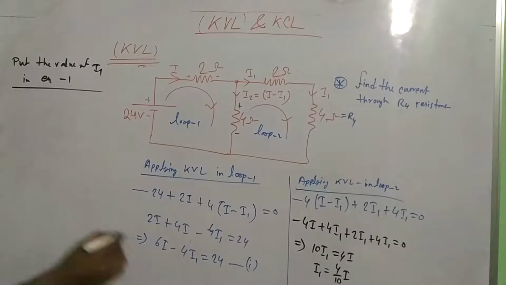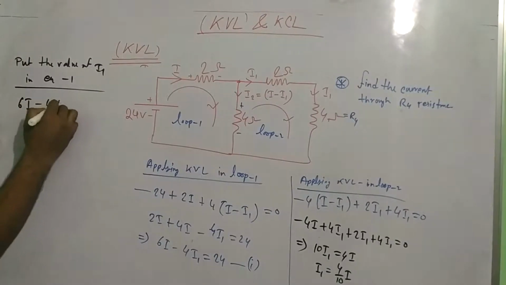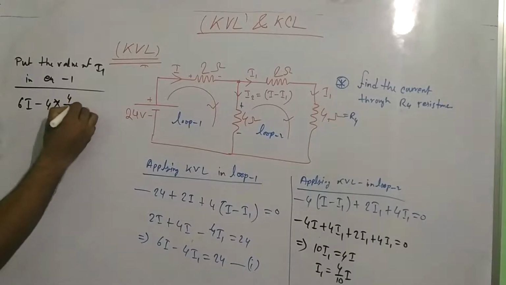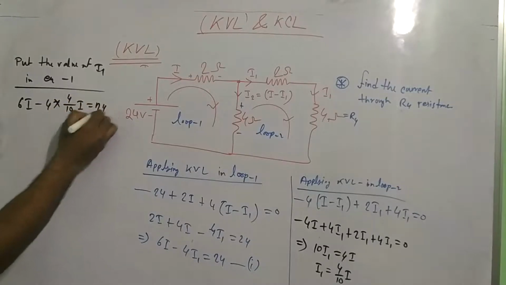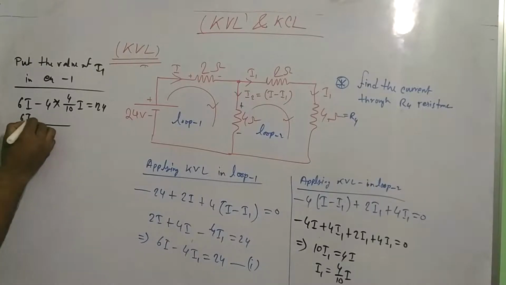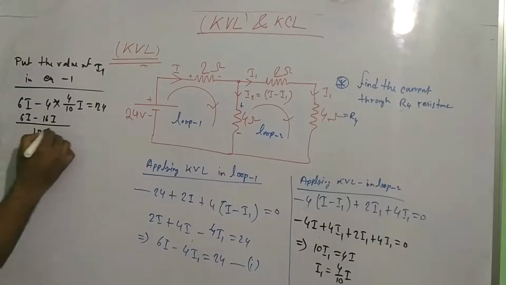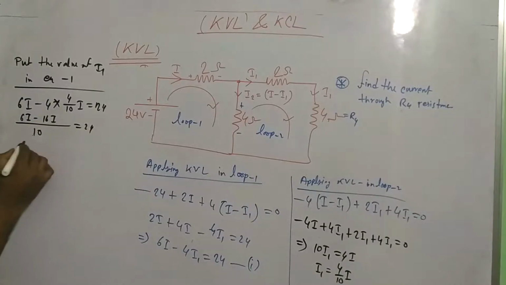Now I am getting 6I minus 4 into 4 by 10 I equals 24. 6I minus 16I by 10 equals 24.